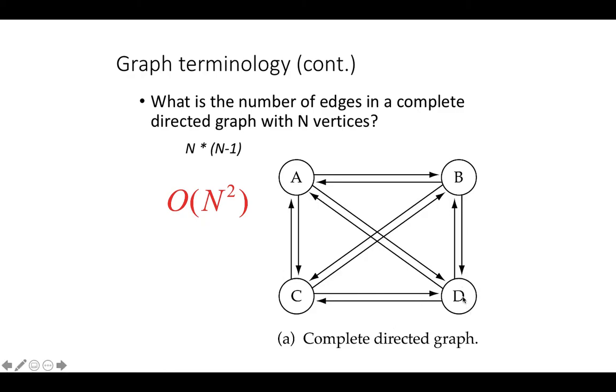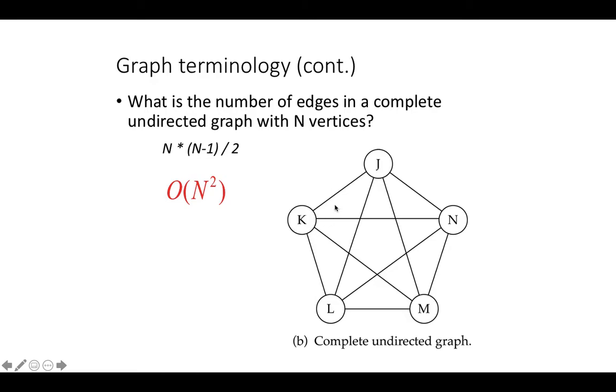The number of edges in this graph is n minus 1 for D, n minus 1 edges for B, n minus 1 edges for E, n minus 1 edges for C. So we have n vertices, and each vertex has n minus 1 edges. So the number of edges is big O of n squared.